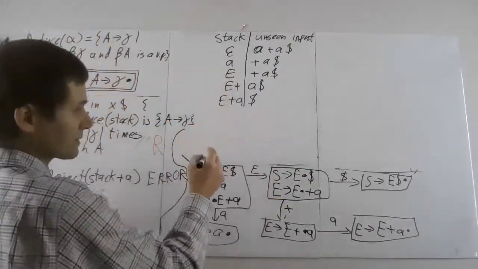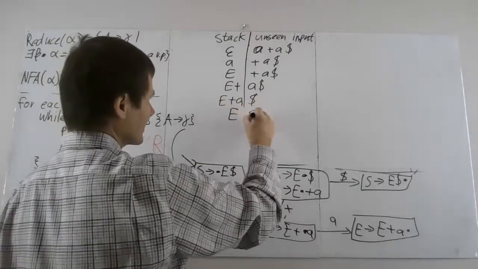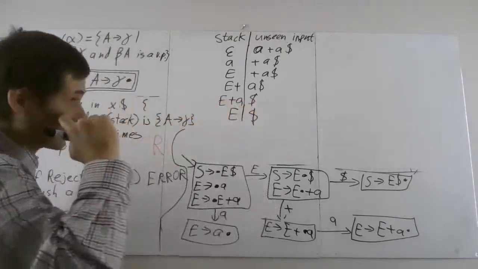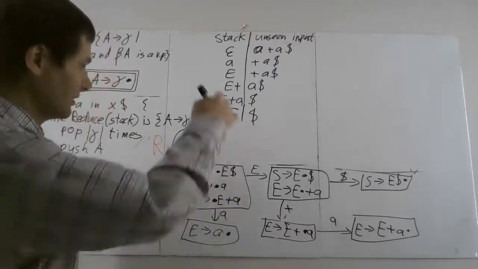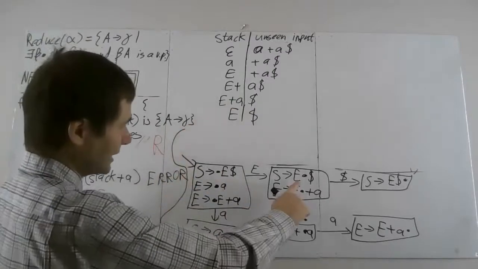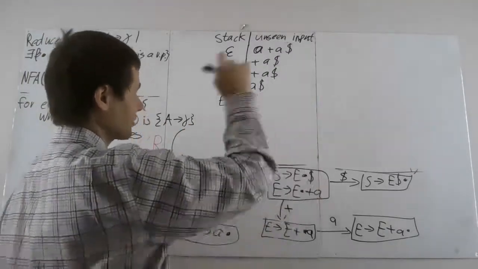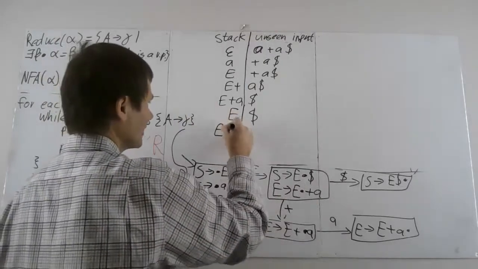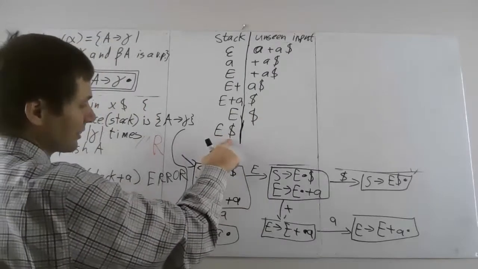So I reduce, I pop E plus A off, I push E in its place, and then I have the $sign, and then I go and run the DFA again. And I go E, and it's here, and that's a shift state. So I push the $sign on the stack, and now I'm done because I've got E $sign.